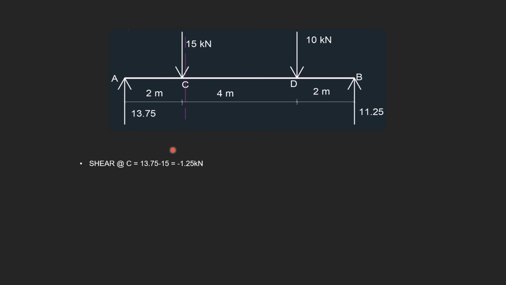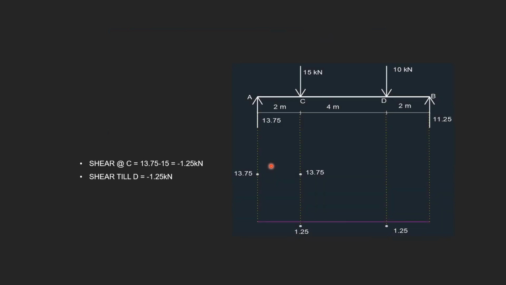So the value of shear at C will be 13.75 minus 15, which is minus 1.25 kilonewton. Since from C to D there is no other load, till the point D shear will be minus 1.25 kilonewton. So let's mark these two in the shear force diagram. See, these two are already marked points and these two are the new points.